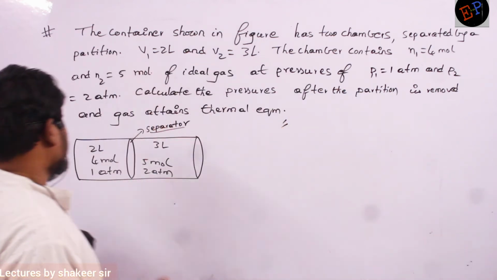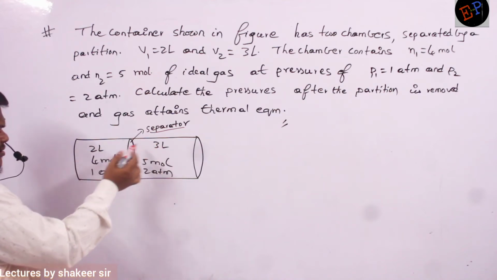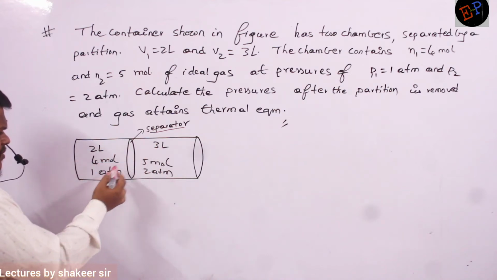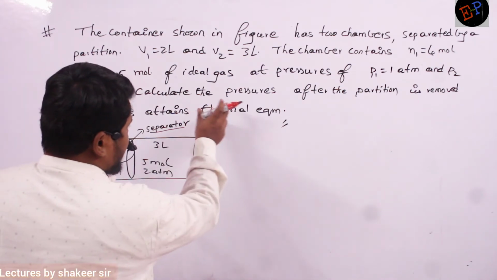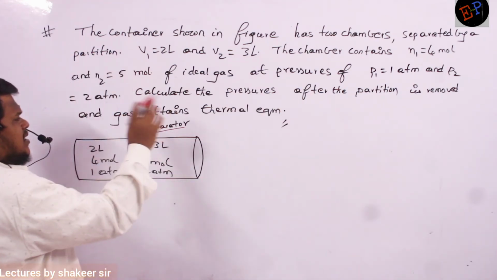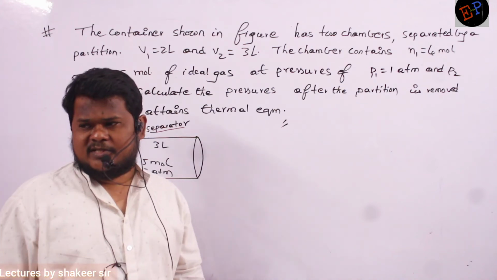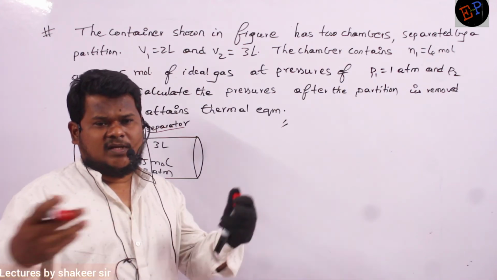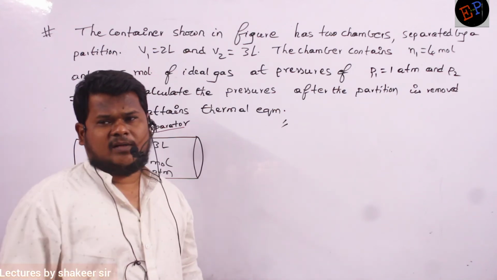Okay. Now here this chamber has a volume of 2 liter, 3 liter, 4 moles, 5 moles, and 1 atmosphere and 2 atmospheres of pressures. Now the question is, calculate the pressure after the partition is removed and the gas attains thermal equilibrium. Once you remove this partition, the gases will intermix with each other. After intermixing, there will be one final pressure.